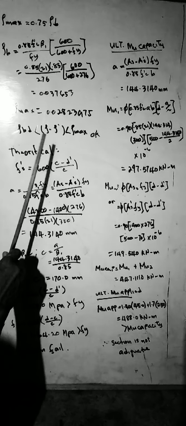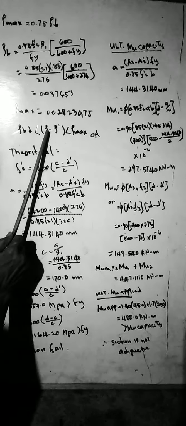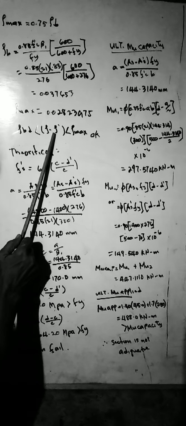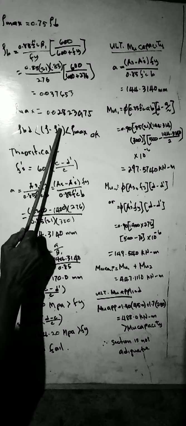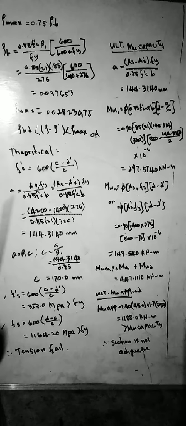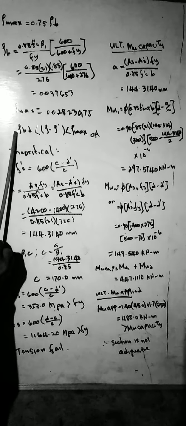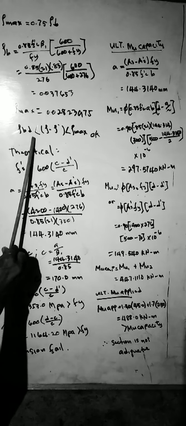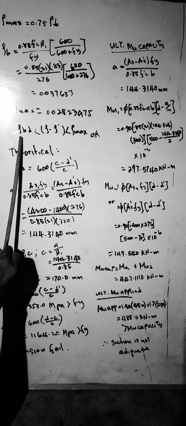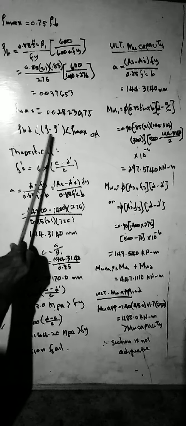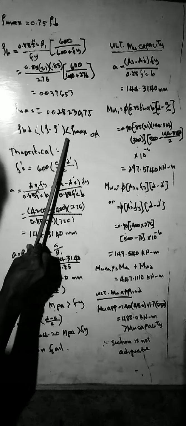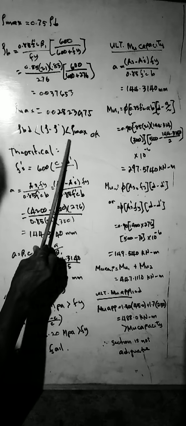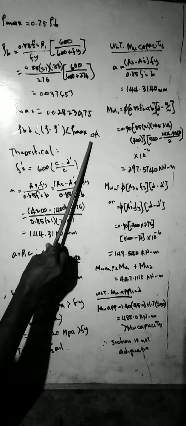And therefore the value of the rho minus rho prime is greater than the value of rho BD, meaning this is the minimum, greater than the value of rho BD, but less than the value of the rho maximum.